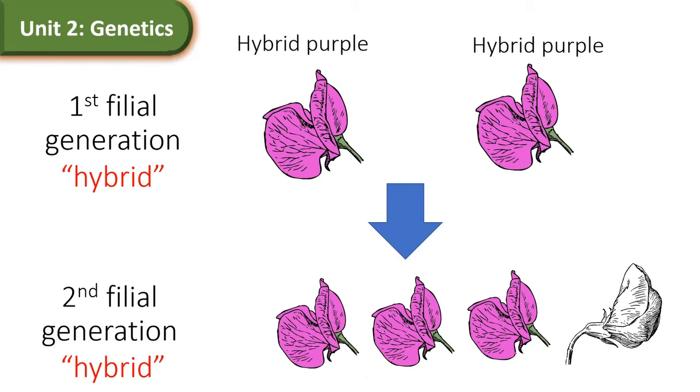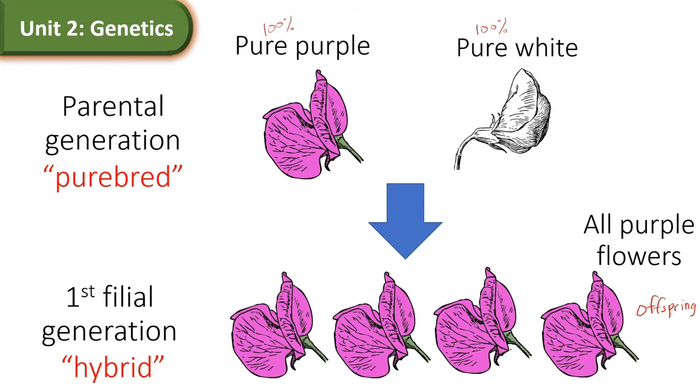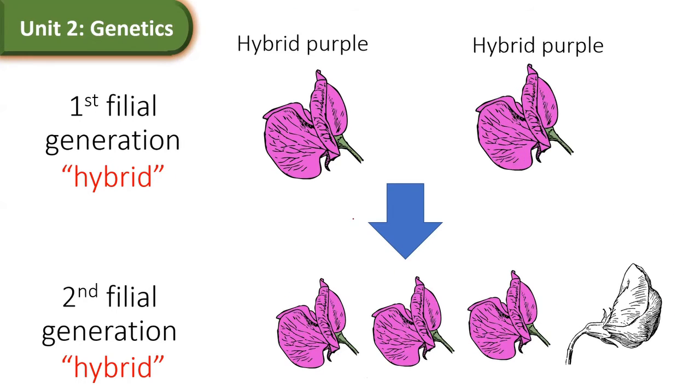So therefore, Mendel concluded, after he performed many experiments, that your first filial generation was already a hybrid, because even if you only see the purple flowers there, these flowers carry the trait of your pure white flower. As a result, this explains why there is a white flower among these purple flowers.